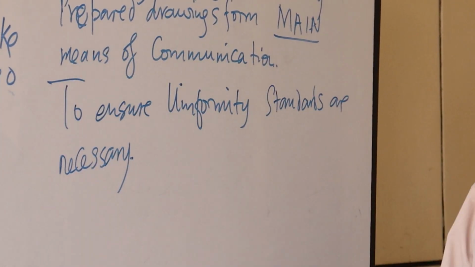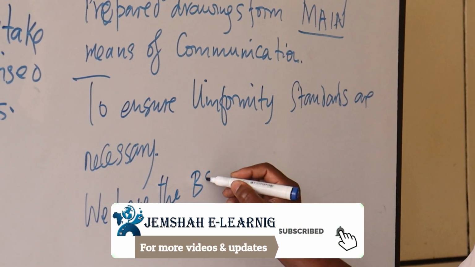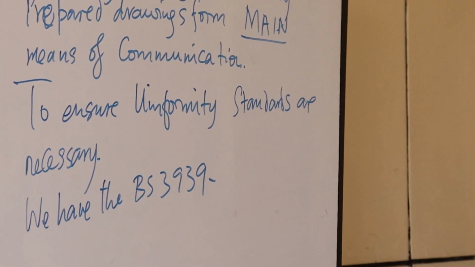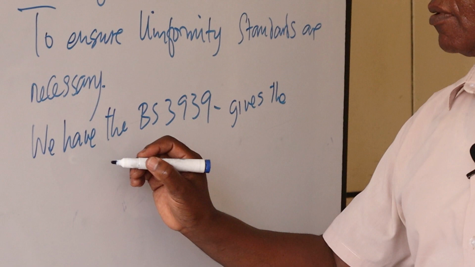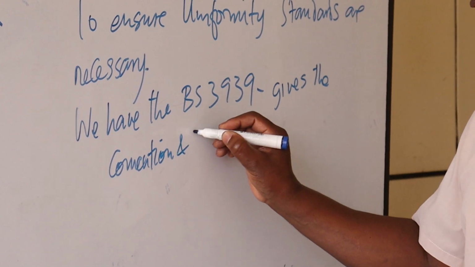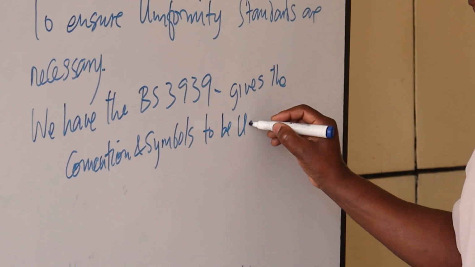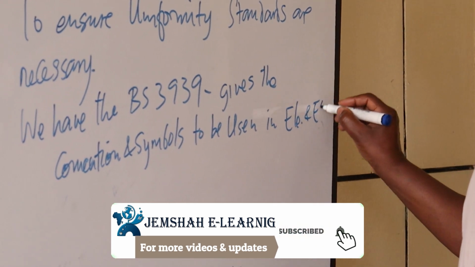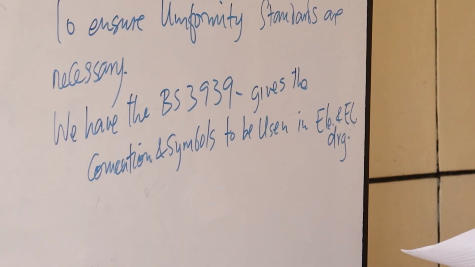Now for this, when it comes to the symbols, we have the BS 3939, and this one gives the conventions and symbols to be used in electrical and electronic drawings or circuits.